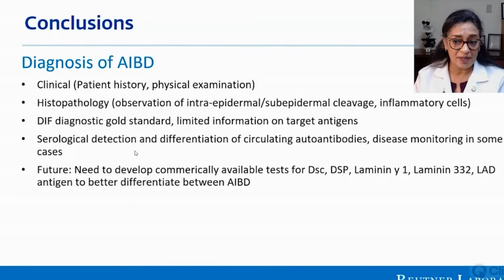Also, advancements in the understanding of these diseases and availability of newer serological tests has made it possible to provide us with a specific diagnosis of these diseases. And hence, continued research and development of serological assays for known antigens as well as unknown antigens is important.